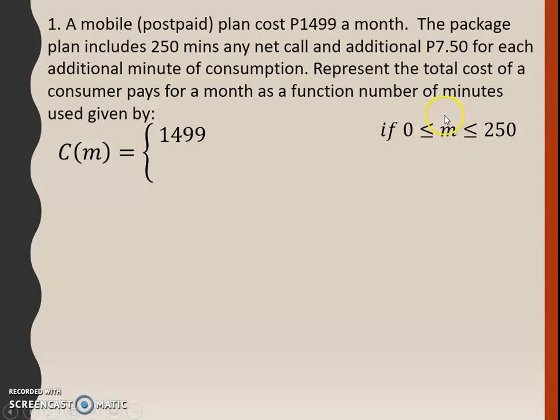And how about for the second one? For the second condition, if you exceed 250 minutes, we will get the difference. So let's have M minus 250 times the rate, which is 7 pesos and 50 centavos, plus don't forget to attach your monthly charge, which is 1,499.